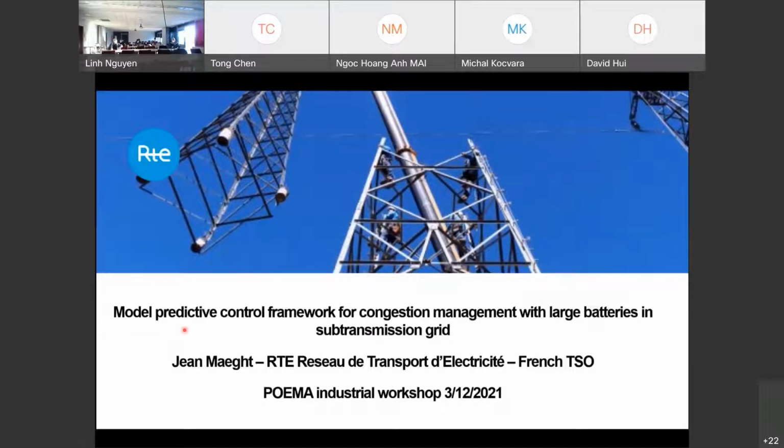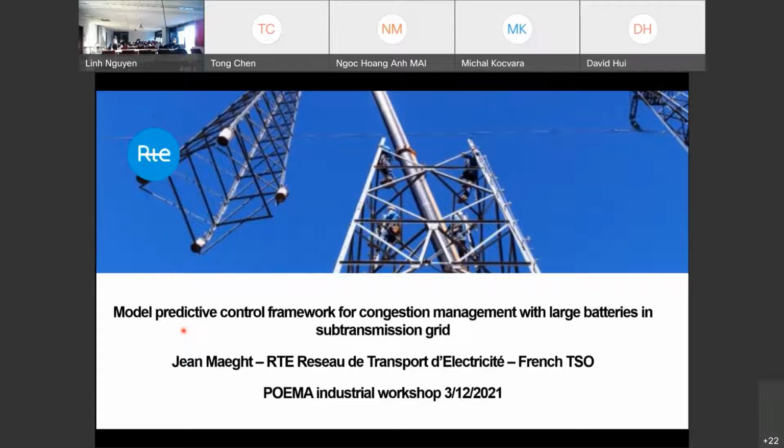So here, my talk is about a model predictive control framework for congestion management with large batteries in the sub-transmission grid. Sub-transmission means the 60 kV to 90 kV part of the grid, which is meshed.